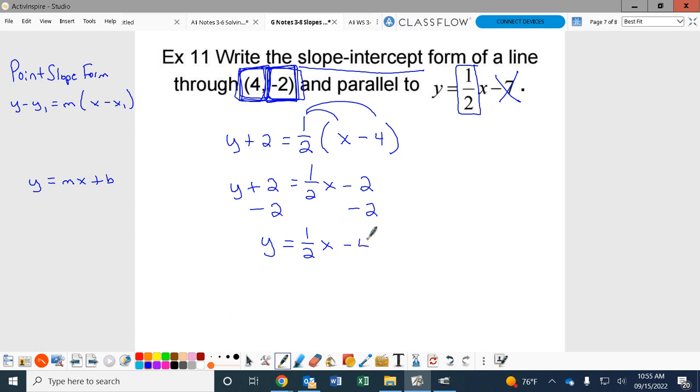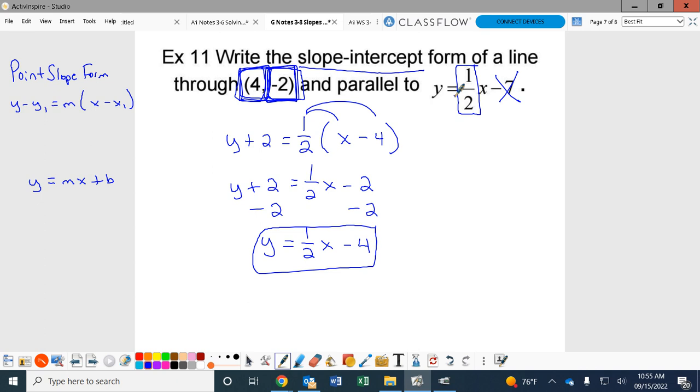Use your calculator to do it. Type negative 2 minus 2. It'll give you negative 4. That's it. How do I know that line is parallel to my original line up here? They have the same slope. Same slope. Perfect.